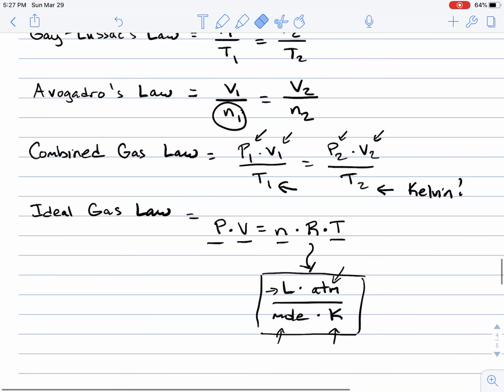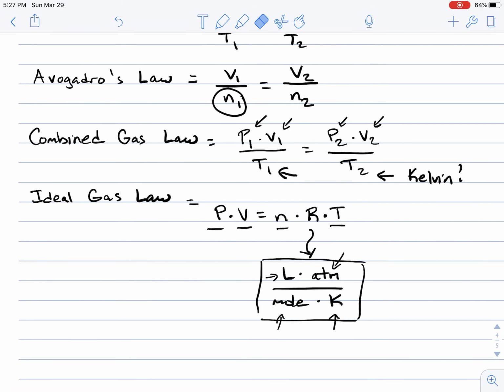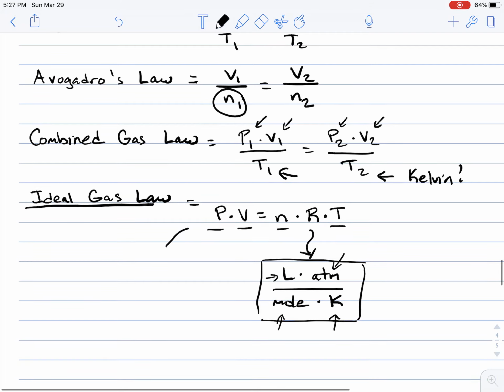So for the ideal gas law, I do want you to note how it's written: P times V is equal to N times R times T. Notice that there's no subscript. It's not like P1 V1 is equal to N1 R1 T1.